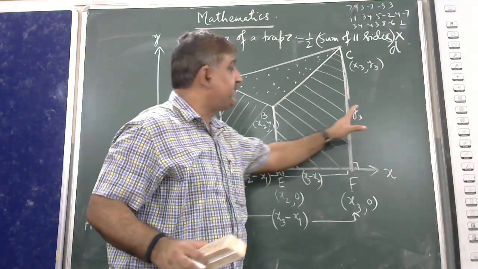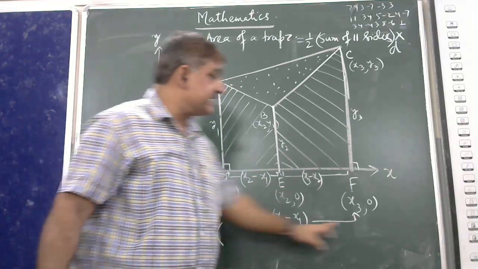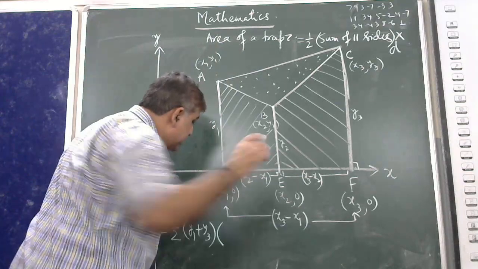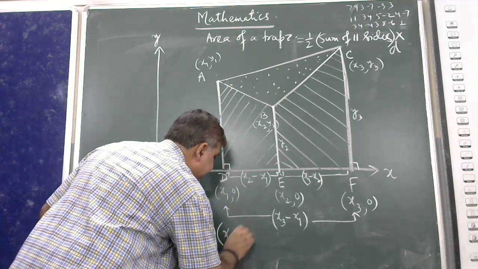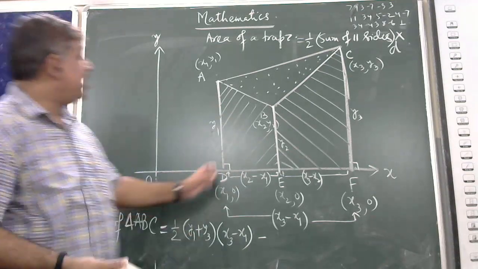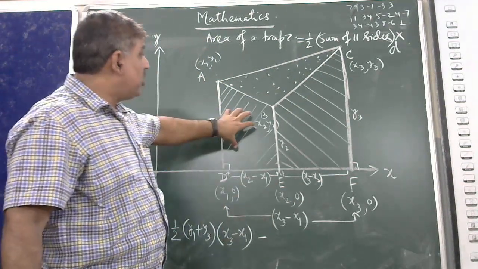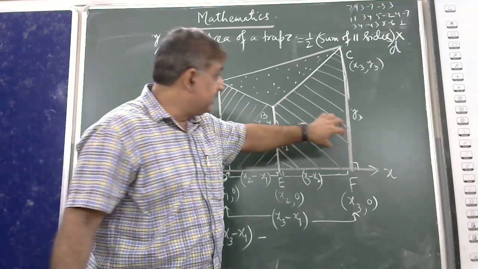What is the distance between these two parallel lines? You can see that the distance is x3 minus x1. So from the area of this bigger trapezium, we have to subtract the area of this one as well as this one.